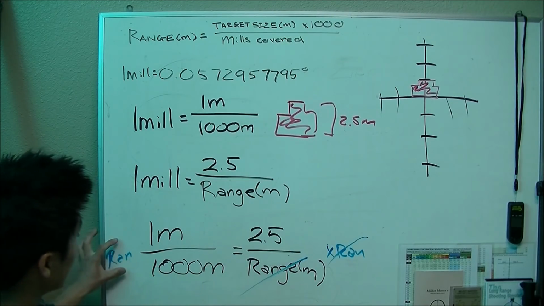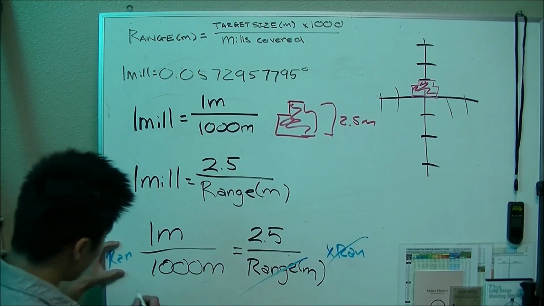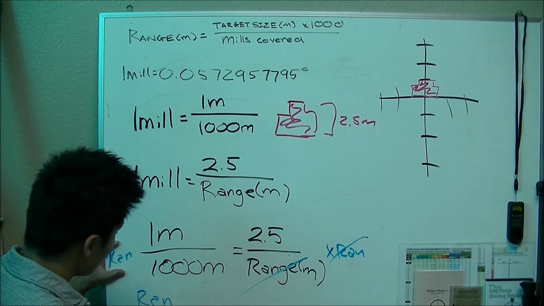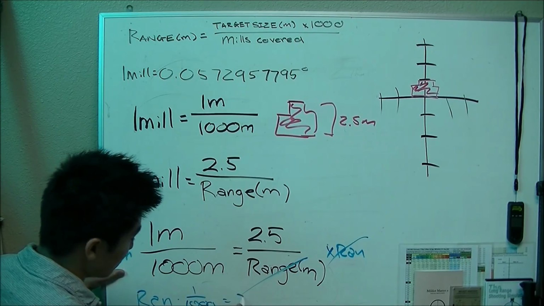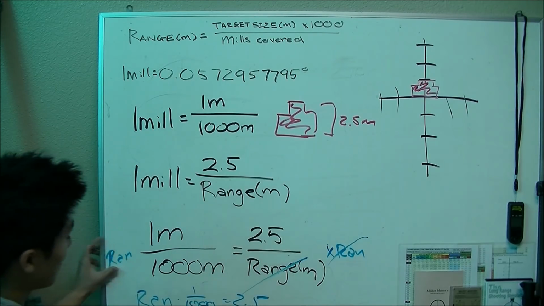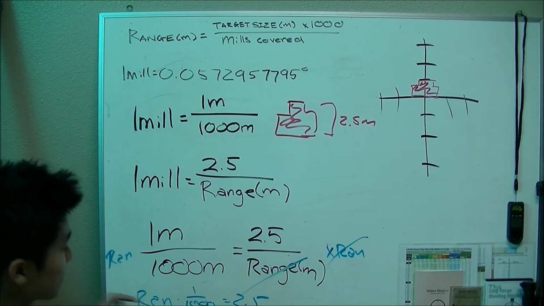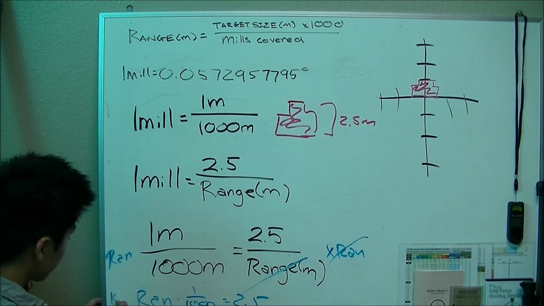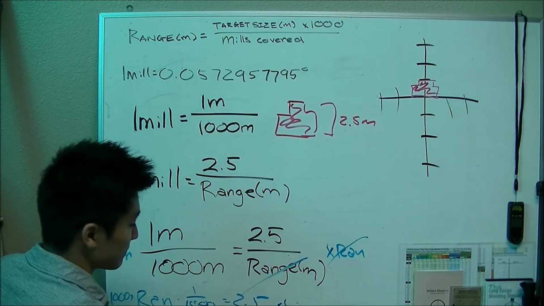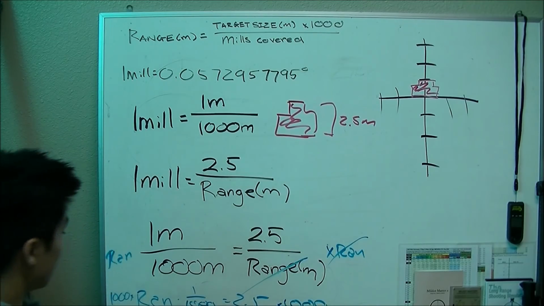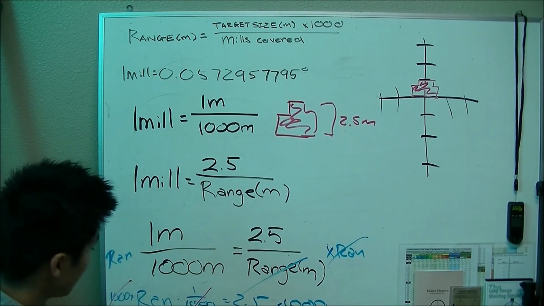2.5 is that, and then so range times 1 over 1,000 is going to be 2.5, and then now we want to multiply each side by 1,000, so we could get the denominator of this out, and we get that, you know, here we go, that cancels.